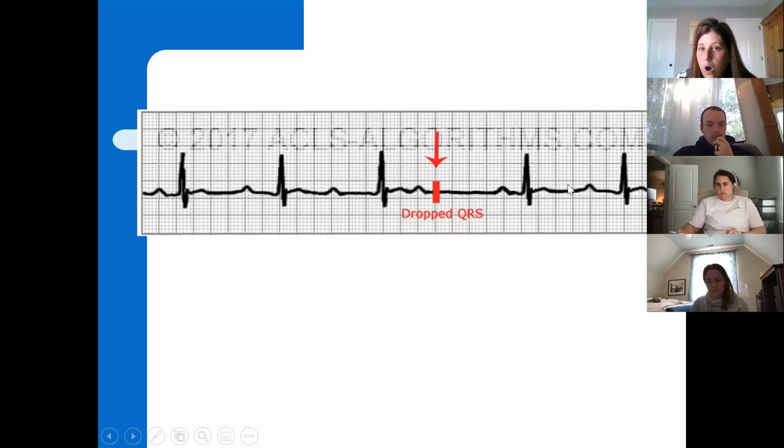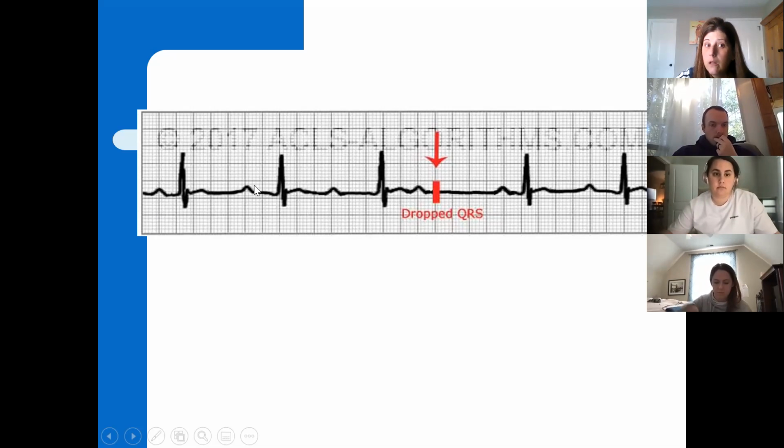So again, we're getting longer. That PR interval is getting longer each cycle. Now, you may see this one was longer than it should be, even longer than before the drop. So longer, longer, longer, drop. You might see longer, longer, longer, longer, then a drop. It's going to happen probably every third or fourth beat. Okay? It's not always on the fourth one that's missed.